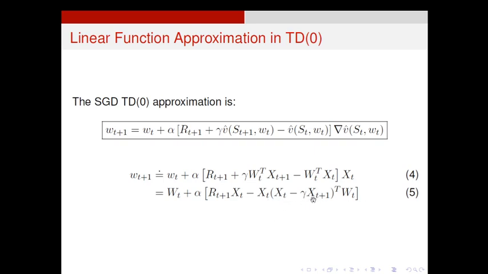So it is considered a sparse measure. This sparse measure of X takes a major role in weight updation. In a single sentence we can say that in linear function approximation TD0, the weight update happens in terms of the sparse difference of feature values.